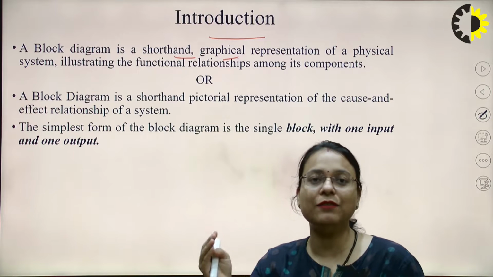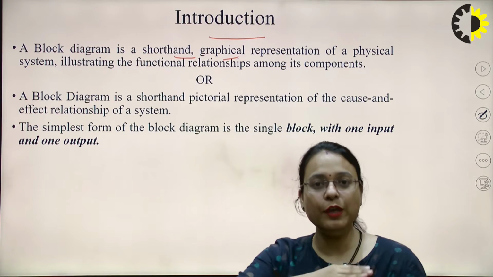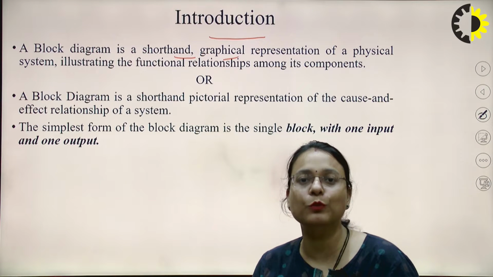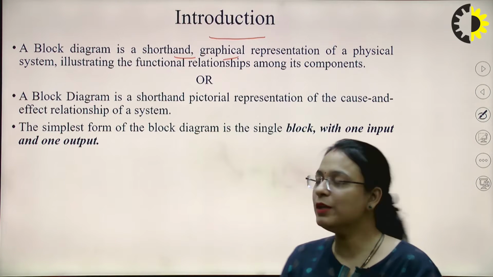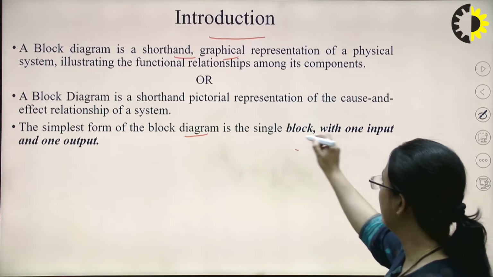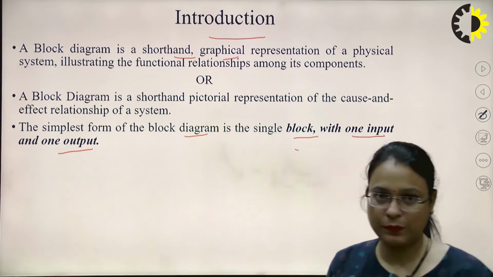It basically defines the cause and effect relationship of the input on the output through the blocks, right? So the simplest form of the block diagram is the single block, with one input and one output, okay?